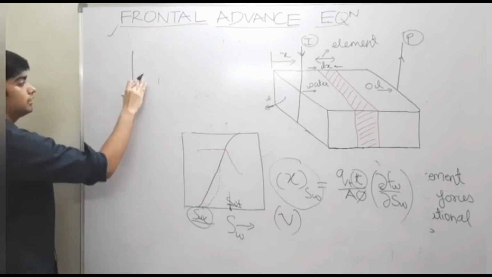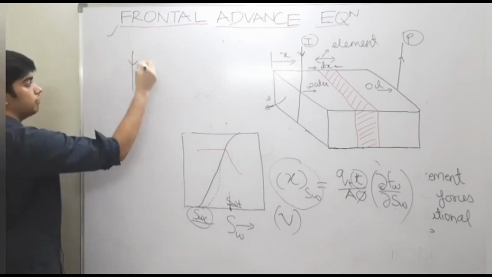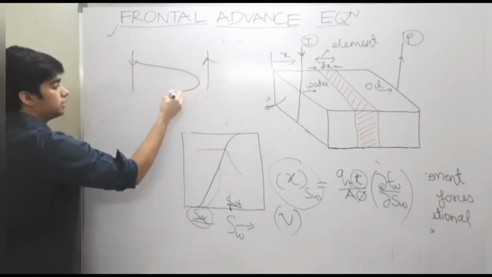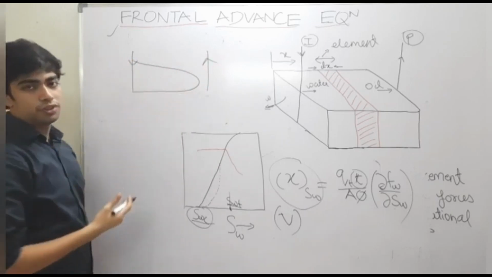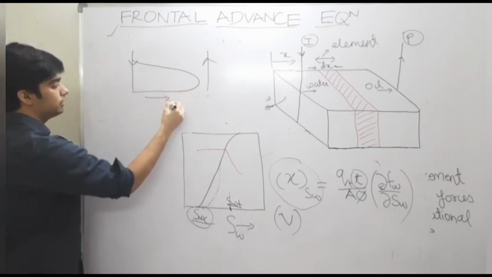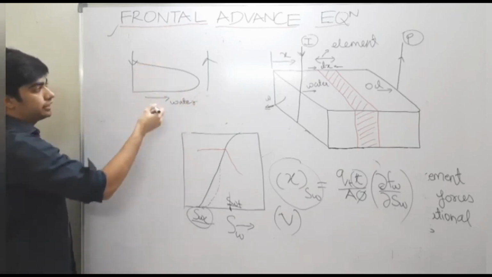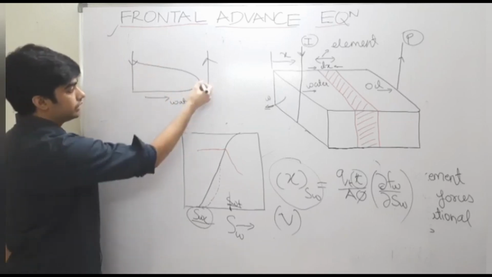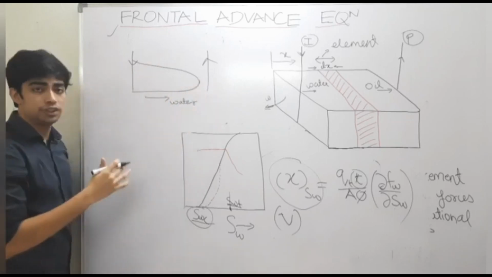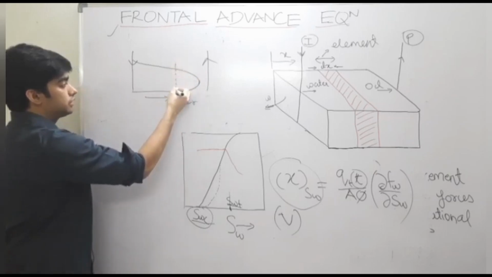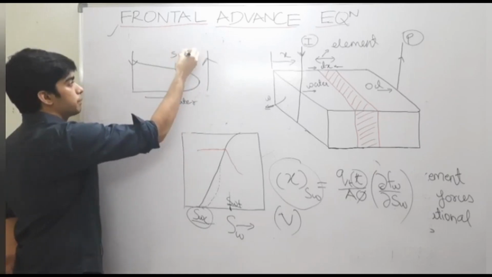what we can see is that there is one injector well and one producer well. This is the rough sketch of injection, and this is your water. This will be a region of high saturation, and this will be a region of low saturation. Let us say this is the point where the saturation of water is least, and this is your SWF.